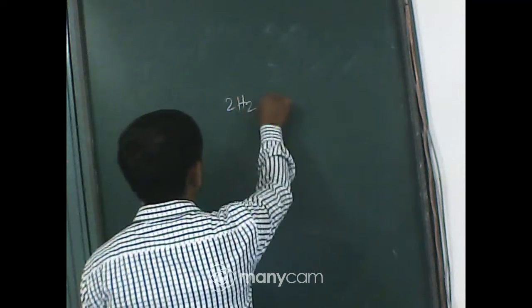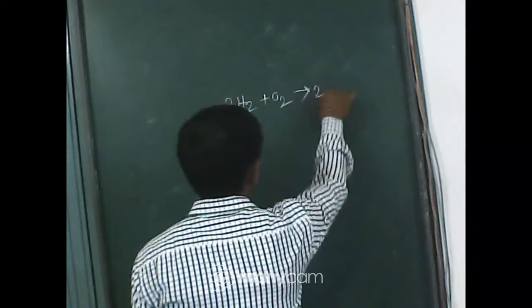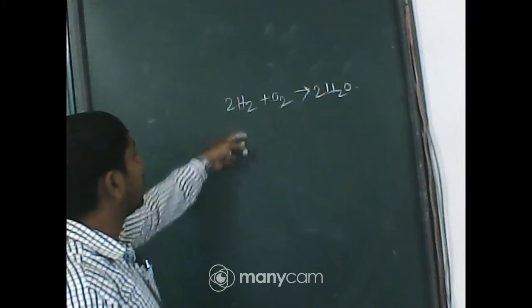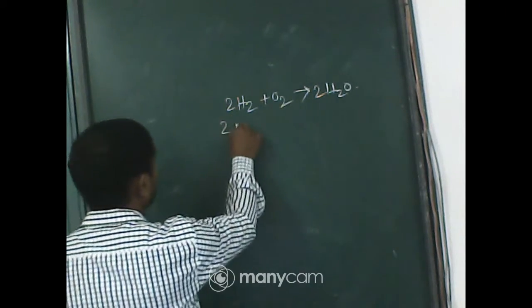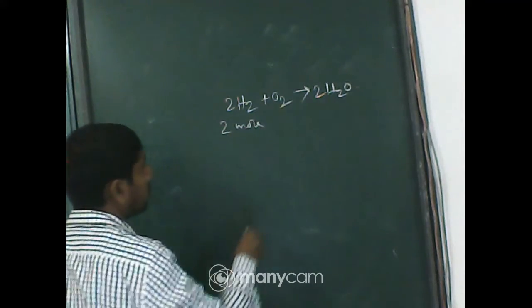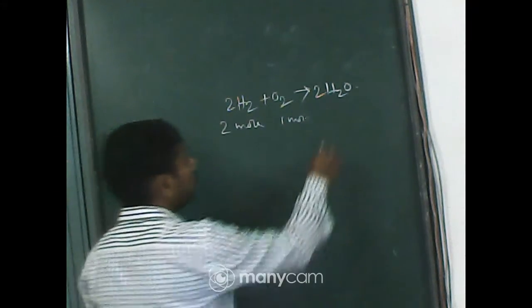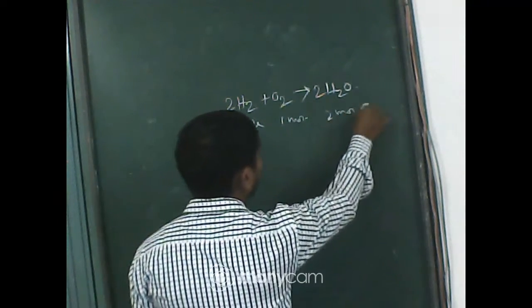Okay. Now come to the example, that is 2H2 + O2 giving 2H2O. From that we can tell that 2 moles of hydrogen and 1 mole of oxygen react to produce 2 moles of water.